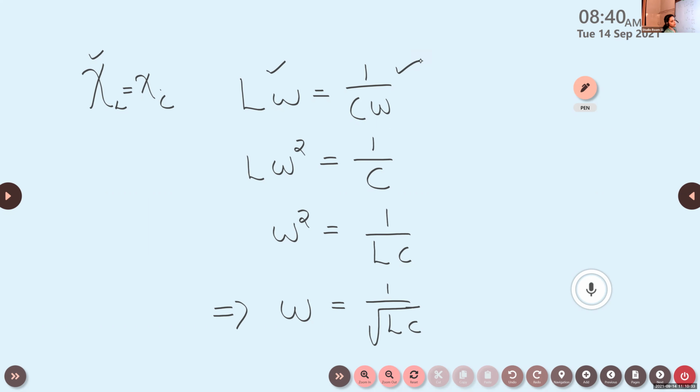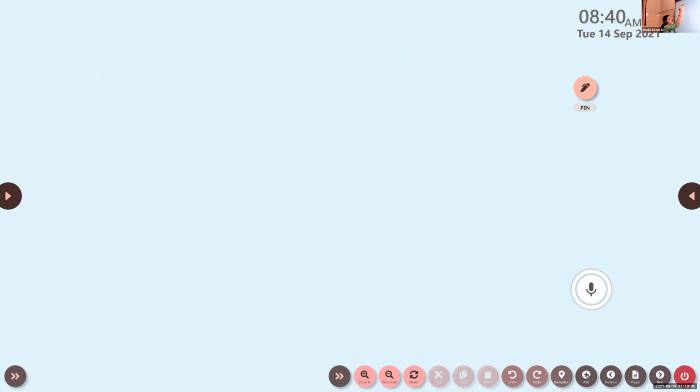Okay. Then we know the relation between angular frequency and linear frequency. What is the relation between angular frequency and linear frequency? Omega is equal to 2 pi f, where omega is the angular frequency and f is the linear frequency.